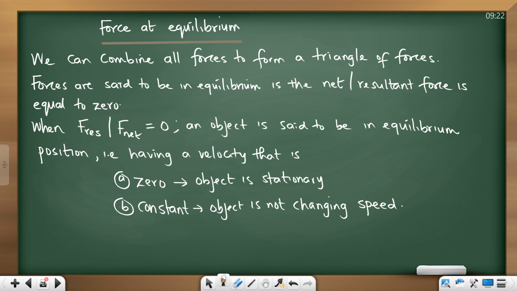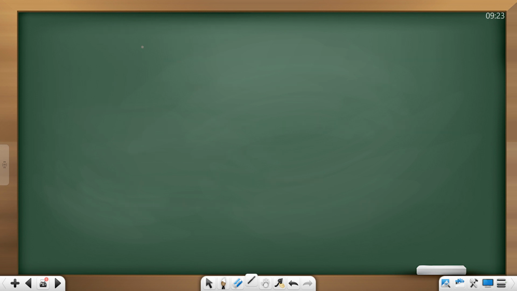I want to draw a diagram for this here. Are we good to go? Anybody still writing? Okay. So this is an example.